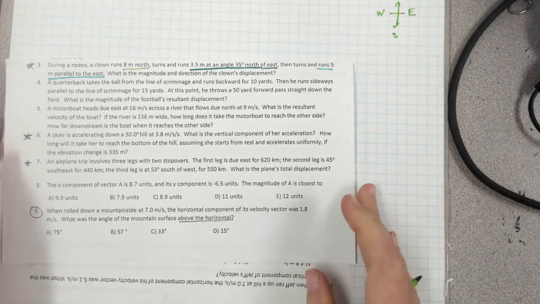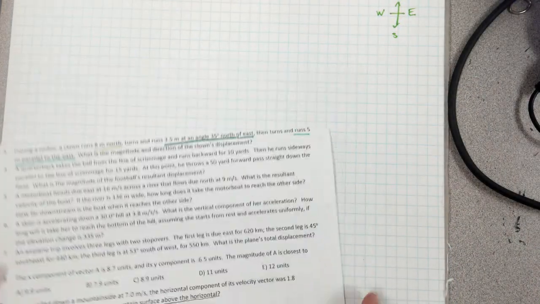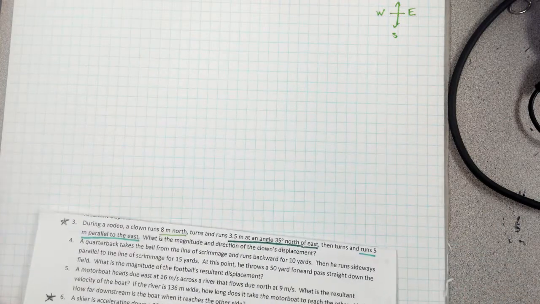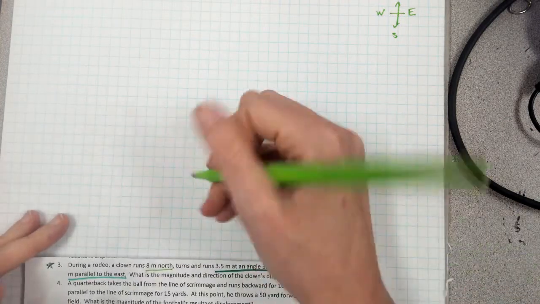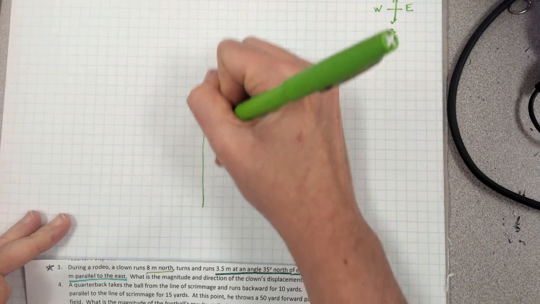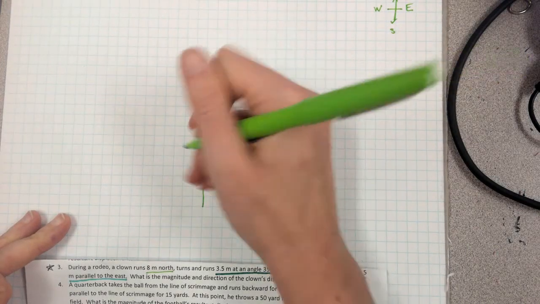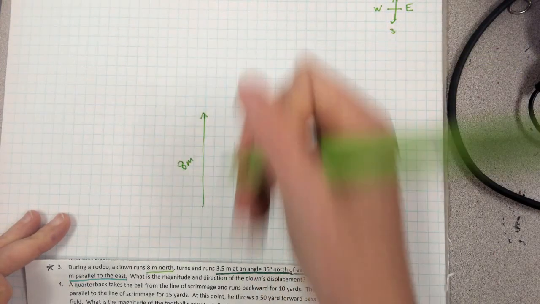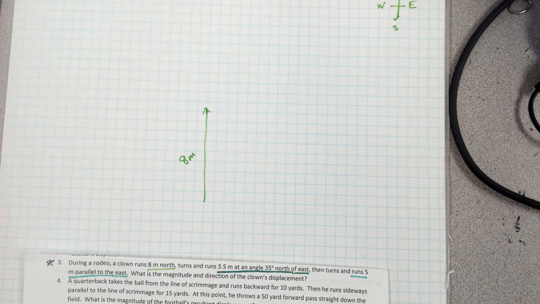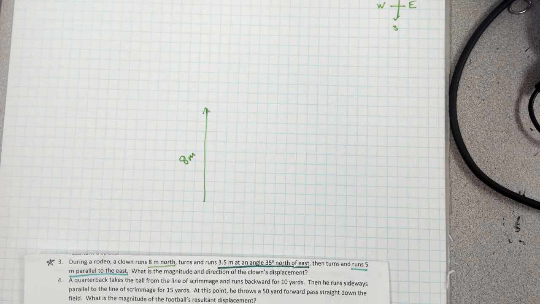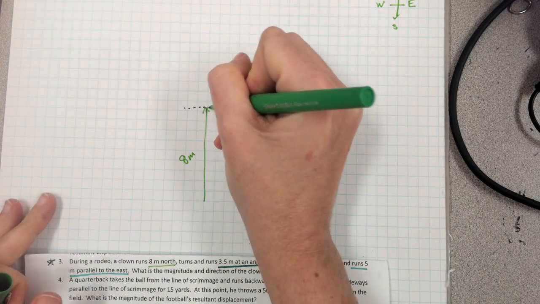Right? So first the clown runs 8 meters north. And this is just a sketch. I'm not using it to scale. We'll do a to scale picture after this.